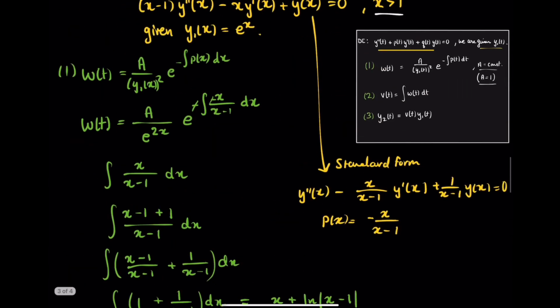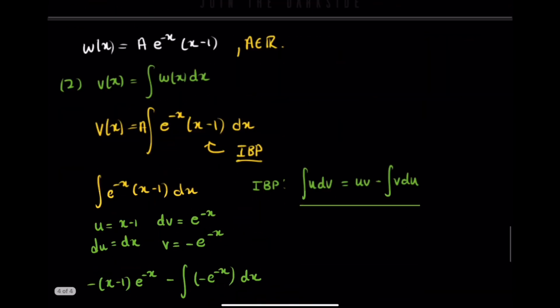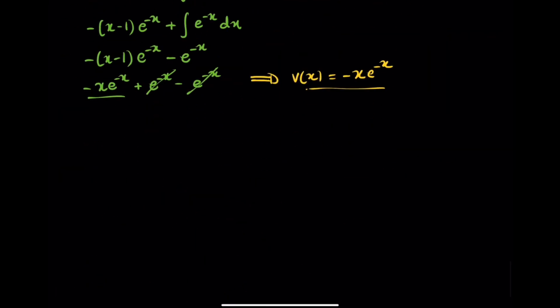So step 1 and step 2 have been completed, and step 3 is very easy. Step 3 is y2(t) is equal to v(t) y1(t).